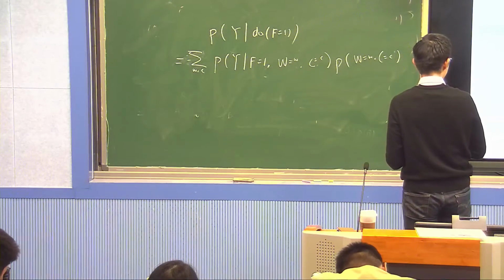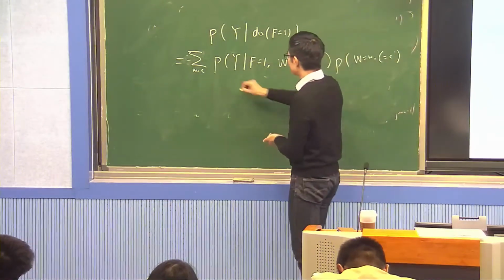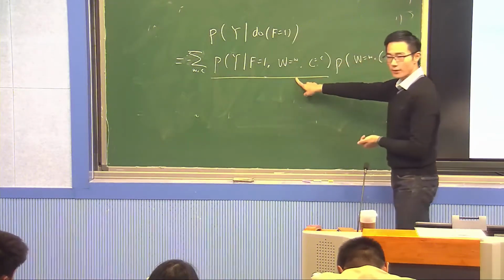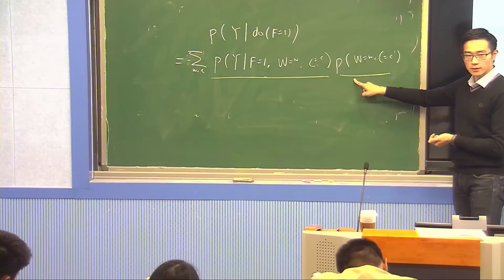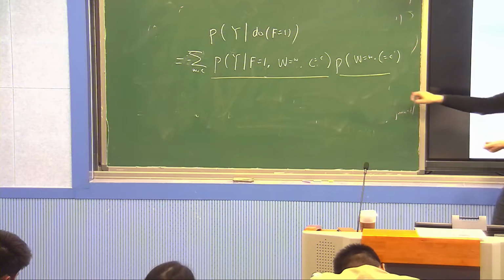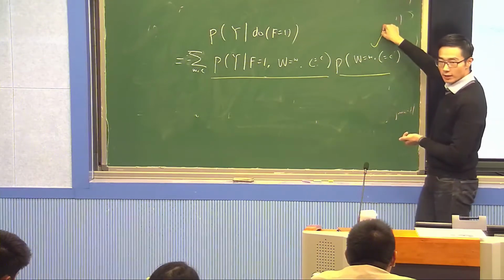Now, this is the formula we have. Can I estimate this from data? If I observe weather, and if I observe the cost, then I can estimate this from data, right?